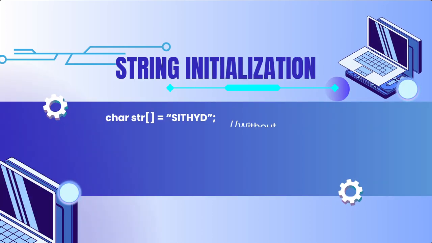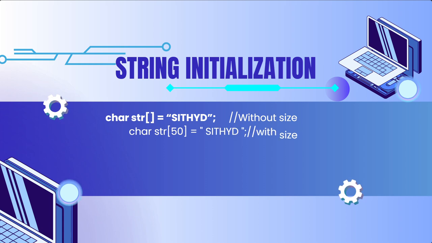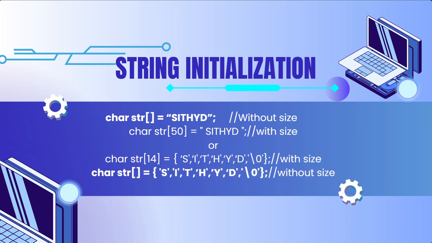Moving forward, we have string initialization. It is again done in two ways, with size and without size, and it can be written within double quotes, or within curly braces, like how we initialize a character array. Without size, we can write within double quotes SITHYD.